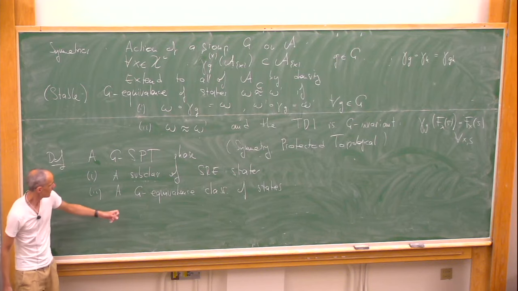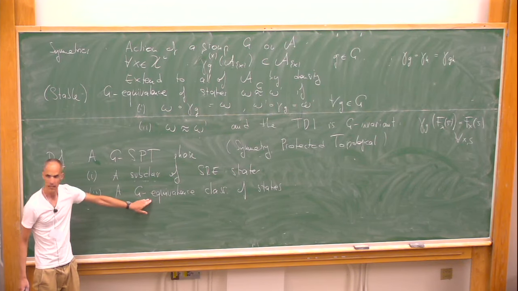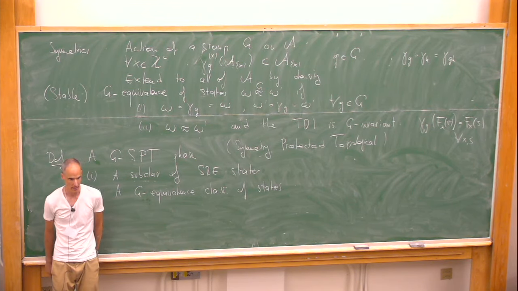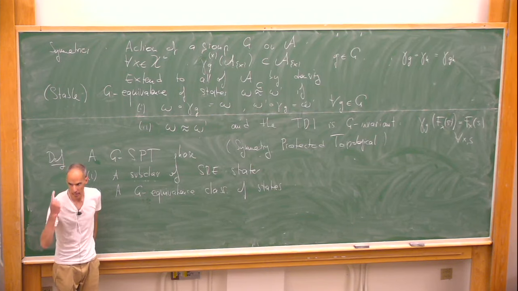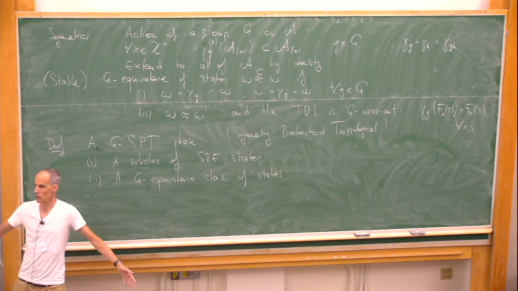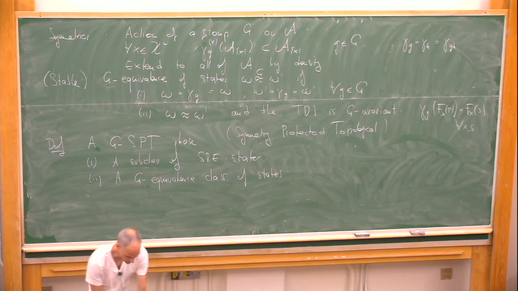So in general, there are true subclasses of the SRE states, and these are the symmetry-protected topological phases. When I say these words, I always have to first say in my head what symmetry I am considering. So these SPT phases depend on the group G that I pick.